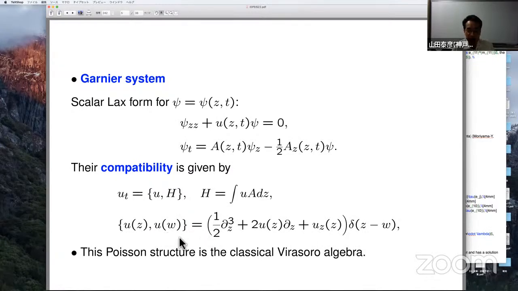And this Poisson structure is the same as that for the KdV hierarchy and known as the Gelfand-Dickey bracket. And of course, this is a classical limit of the Virasoro algebra. So in this way, we also see the classical limit of the Virasoro algebra appear in the isomonodromic deformation of the second order differential equation.